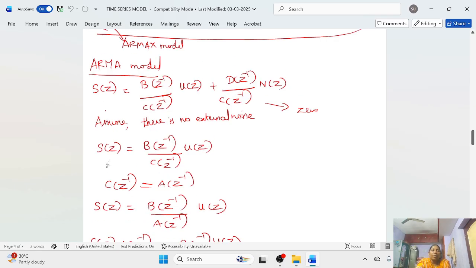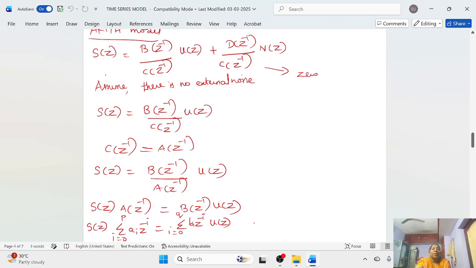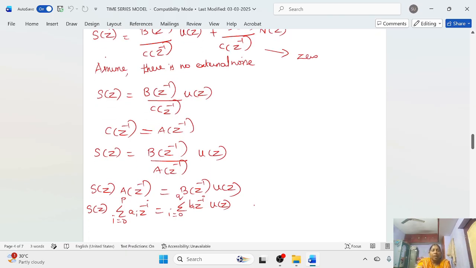Now the equation becomes S of Z equal to D of Z inverse by C of Z inverse into U of Z. In this, the denominator term C of Z inverse, we are equating with A of Z inverse. This is an assumption. So when you substitute A of Z inverse in the denominator, you will get S of Z equal to B of Z inverse divided by A of Z inverse into U of Z.